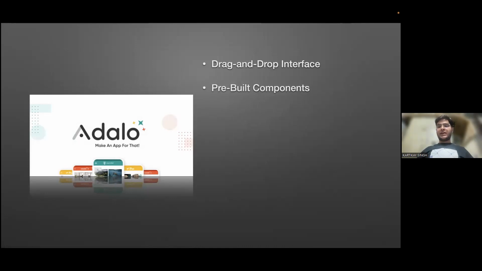Pre-built components like forms, line charts, etc. are there. Customizable templates: we can customize the line charts to deliver what we want to deliver. Data integration: it can be connected to Google Sheets and other external sites to get the data.